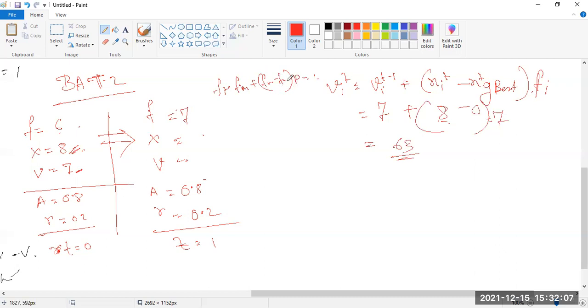Okay, so if something is given, then you can put it. Say this is 1 and 7, it is the frequency range. So minimum is 1 plus 7 minus 1, and that is 1. It is coming 1 plus 6, that is 7. Okay, in this way we can find out. So velocity is 63.